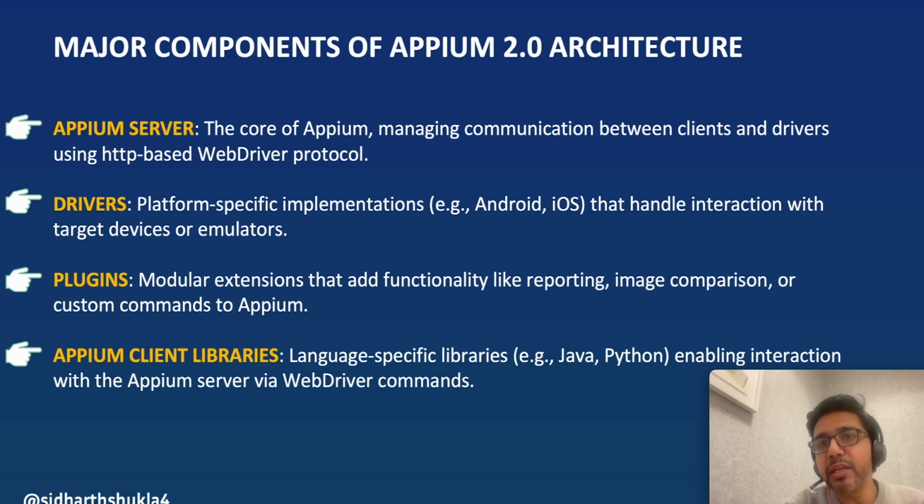To help you better understand this, let me take an example of a restaurant, right? So in the restaurant, the manager you can consider as an Appium server, and different food delivery apps like Uber Eats, Swiggy, Zomato, right?